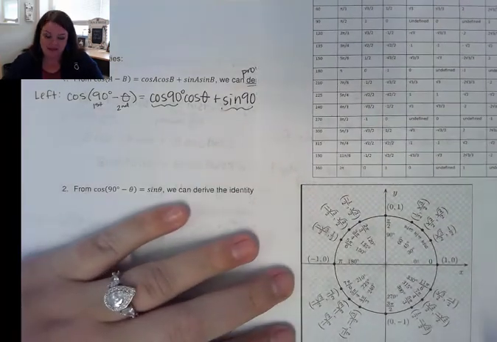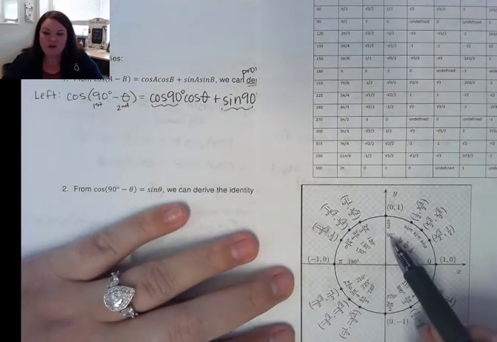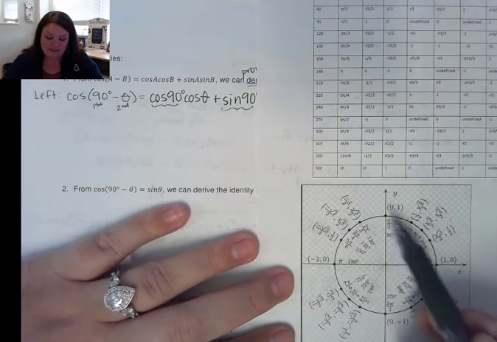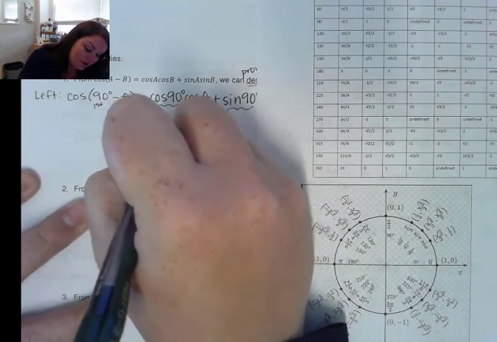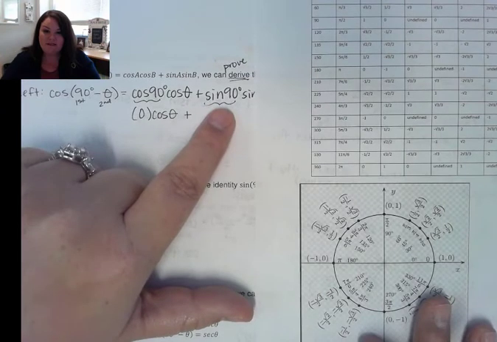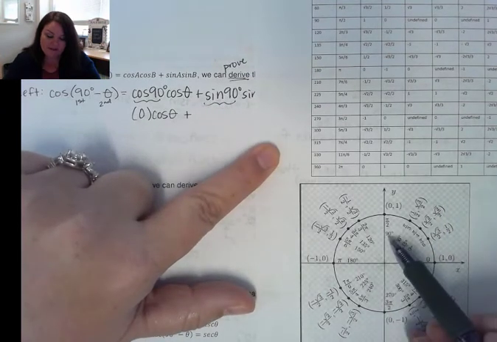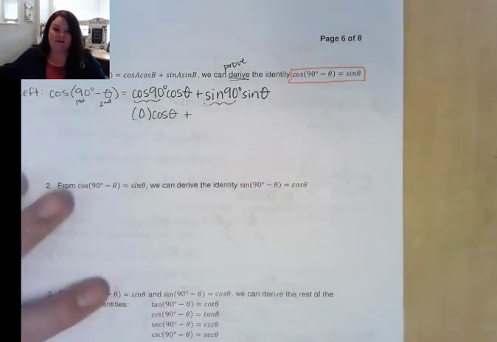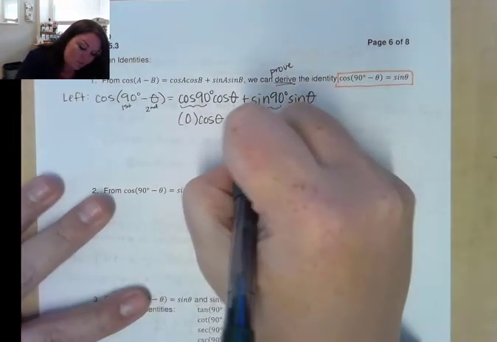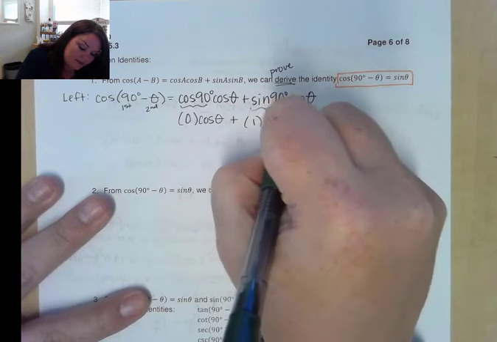If I look at 90 degrees here, cosine of 90 degrees is 0, right? So I can replace this with 0 times cosine theta plus sine of 90 degrees. If I go to 90 degrees and look for my sine value, it's 1, right? So sine of 90 degrees is just 1 times sine theta.